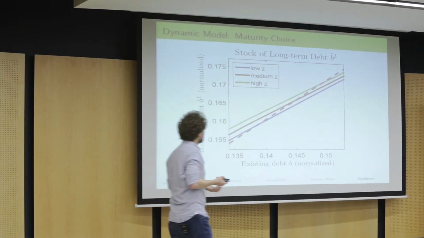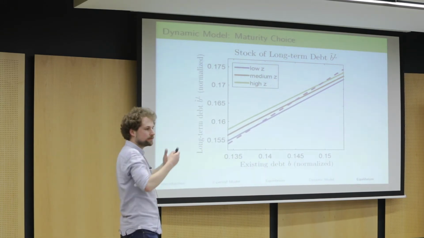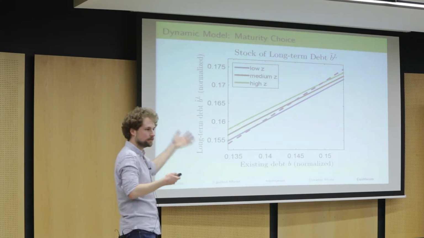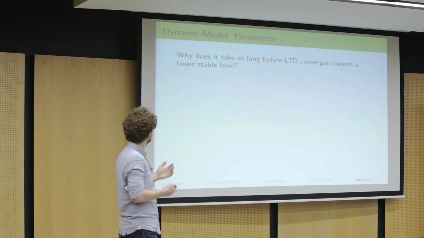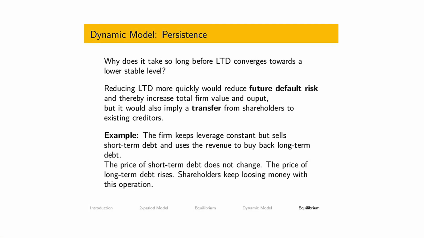These firms going as fast as possible would also increase the total firm value and increase firm output. But it would also constitute a transfer from the shareholders to the holders of existing debt. Because, for instance, this firm can always keep leverage constant if they want to, and sell lots of short-term debt to buy back long-term debt. There's always one thing which you can do.